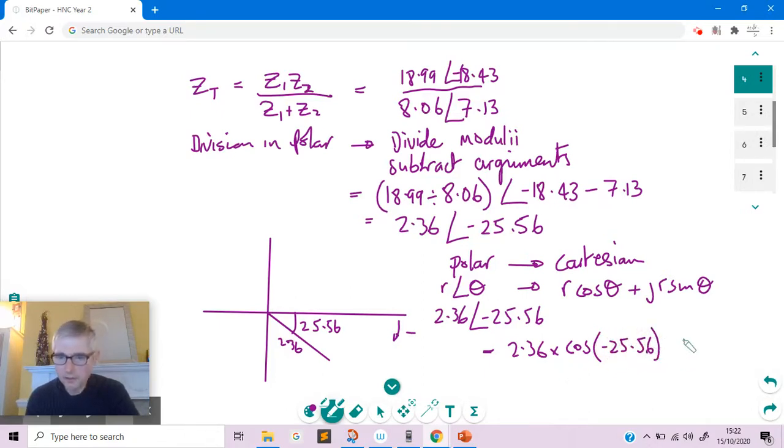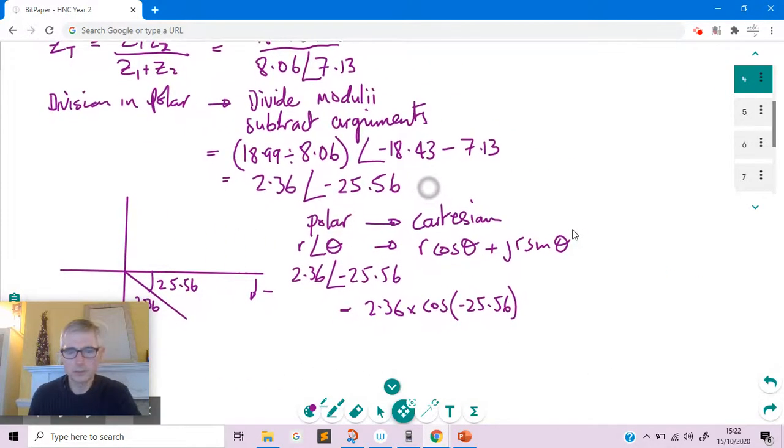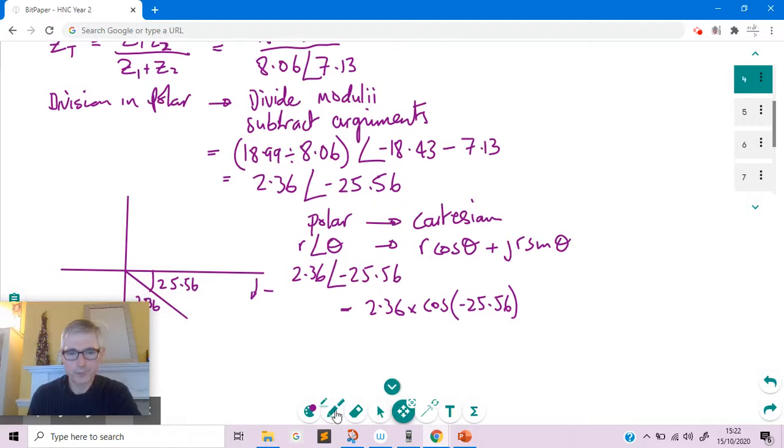Let me move the board across a little. There we go. And then plus j, so the imaginary component, 2.36 times sine this time of negative 25.56.